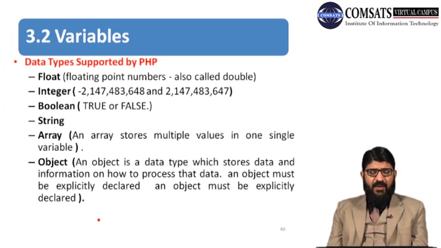And in the end, object is declared, where an object is basically a data type which stores data and information on how to process that data, and an object must be explicitly declared.